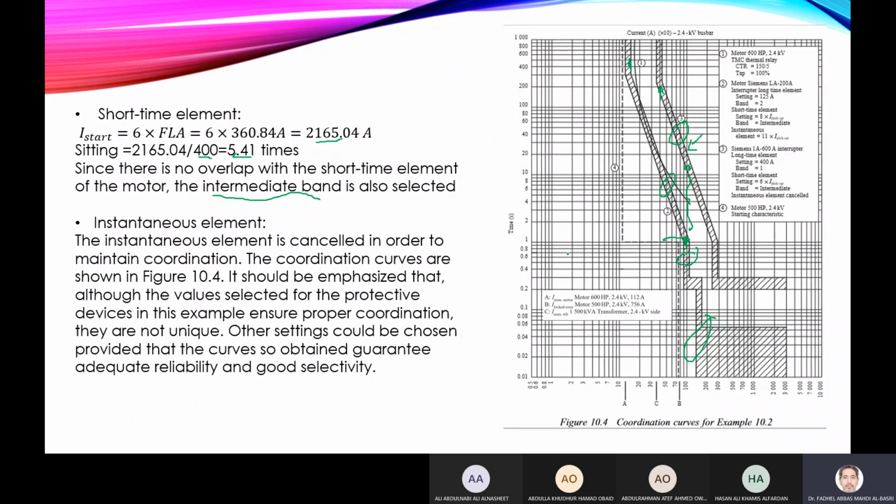So with the same reasoning, we choose the time for the short time element. The instantaneous will be disabled, because I cannot choose the instantaneous for this. If I choose instantaneous at this level, then what will happen if a short circuit happens here? This operates and that operates at the same time.